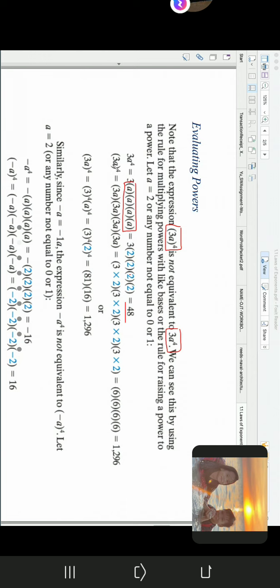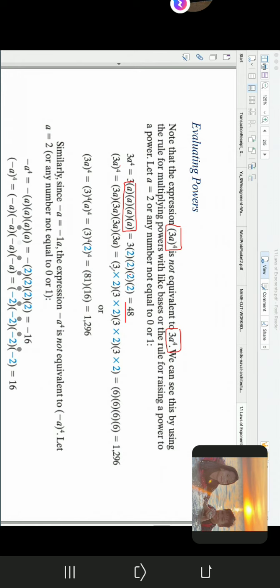And in here, when we apply this one, the one inside parentheses, that is four 3a's. Here is just 3, then four a's. Here, there are four 3a's. So that is 3a times 3a times 3a times 3a. Then we substitute 2 for a.